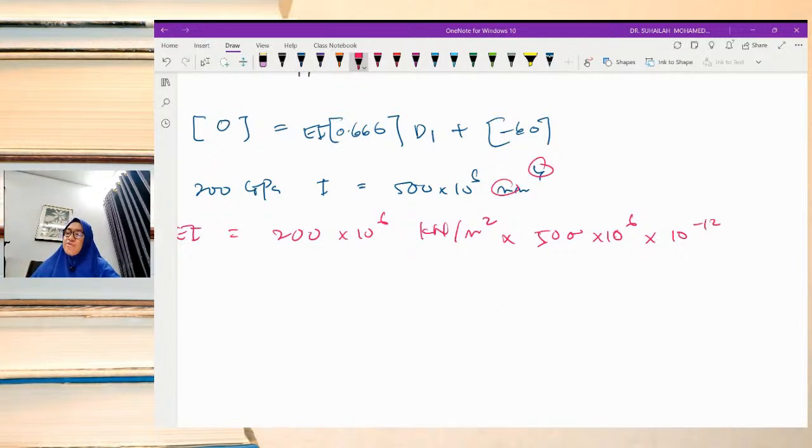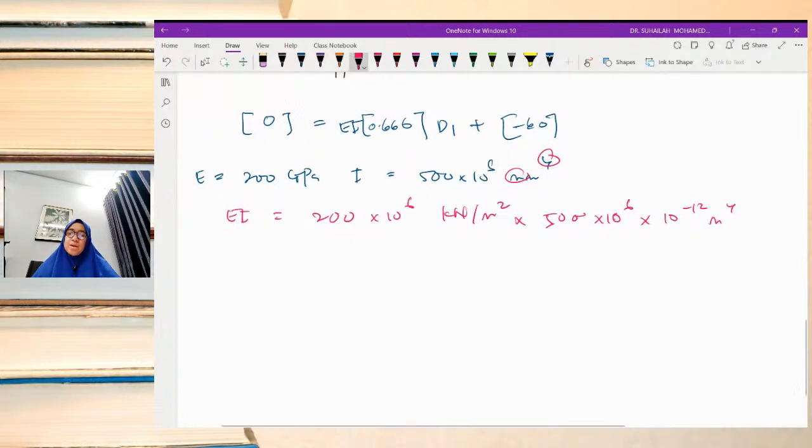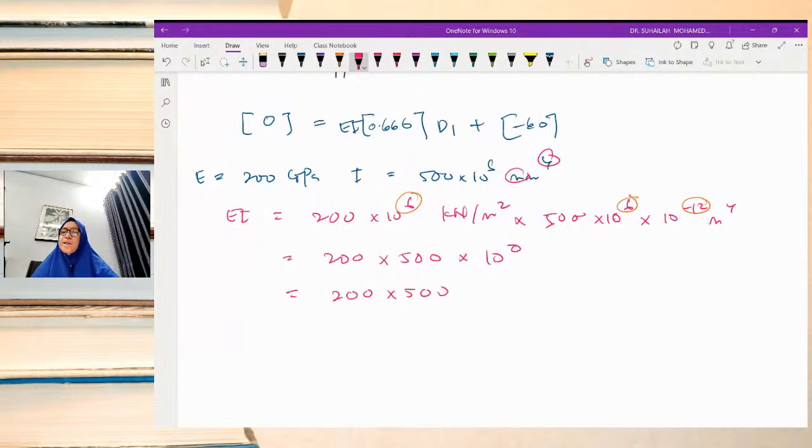It is negative 12, so meter to the 4. So 6 plus 6 minus 12 cancels. So what we get is 200 times 500 times 10 to the power of 0. That is why we get this as 200 times 500 only, and it is 100,000.